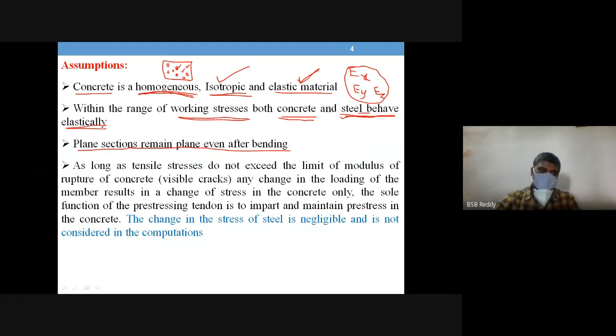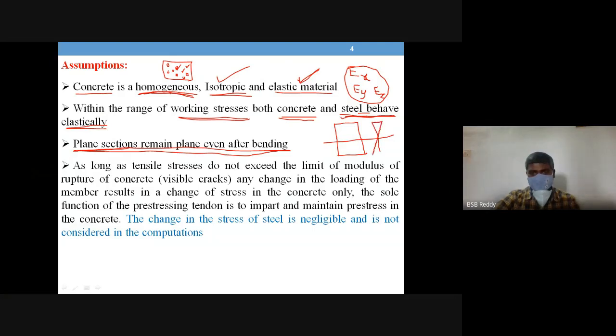This will give you the basis for assuming the strain is proportional across the section. That is the use of this assumption. The plane sections remaining plane is the basis for the strain to be proportional across the cross section.